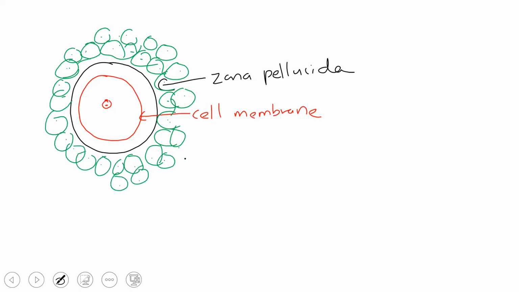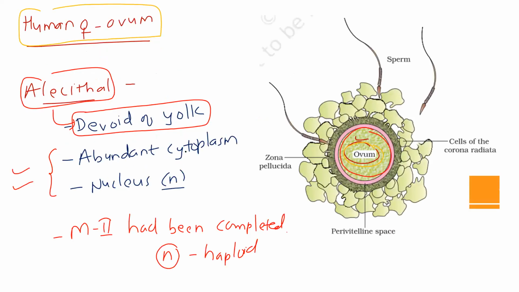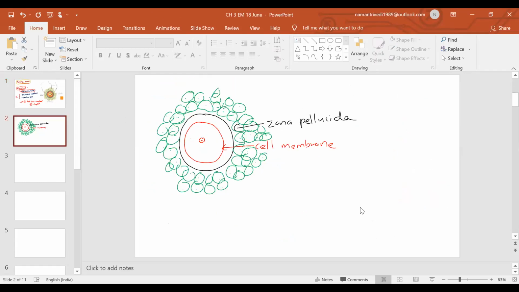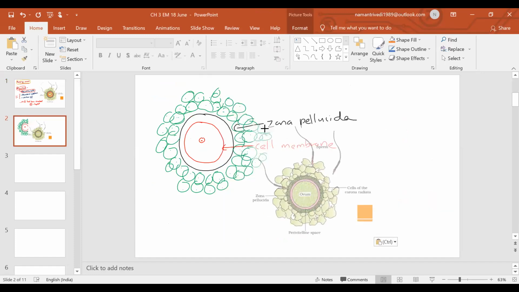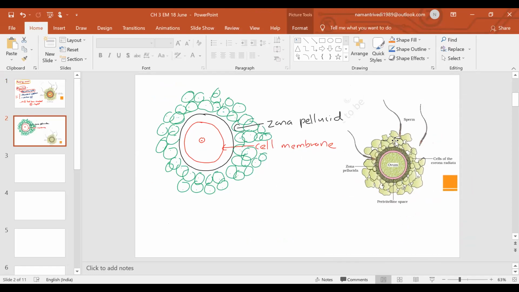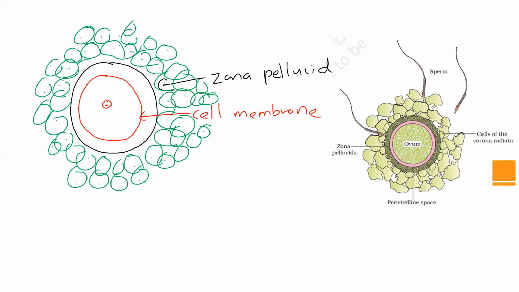This green color which you see, there is uneven distribution. Just a moment, let me copy it again. So this is the structure which I had shown you over here.